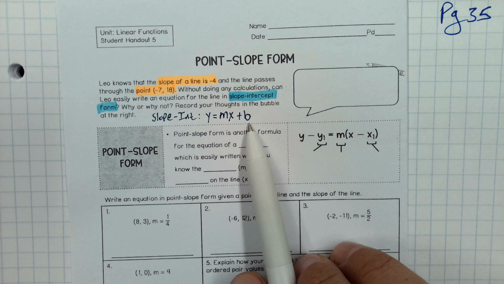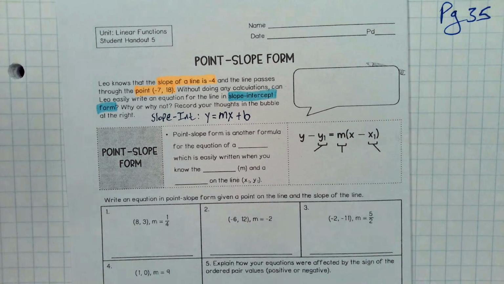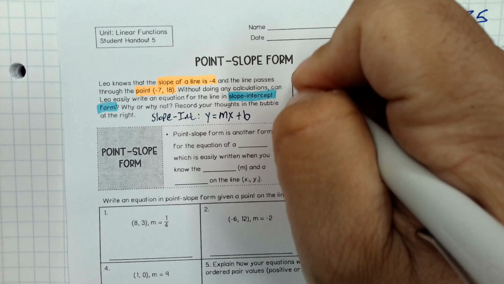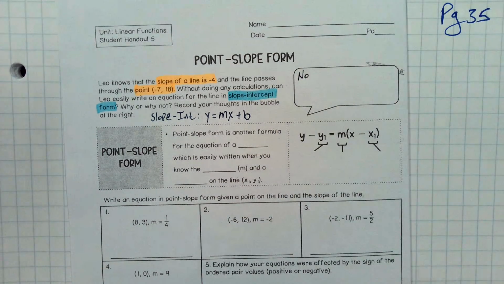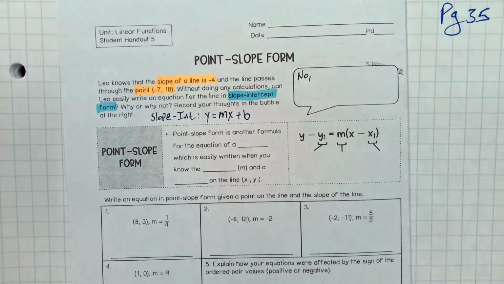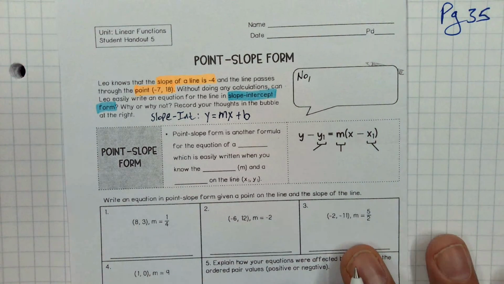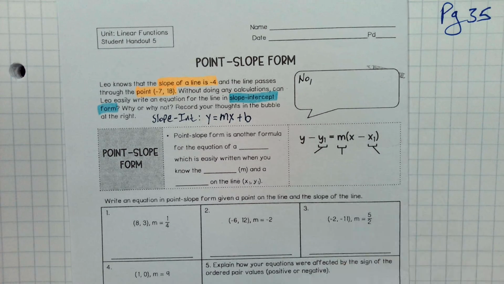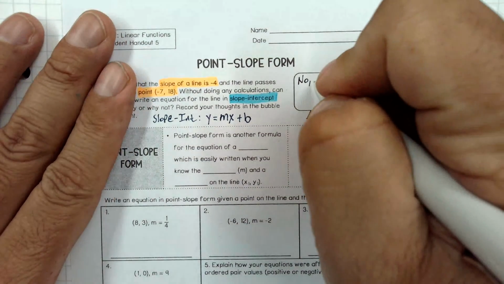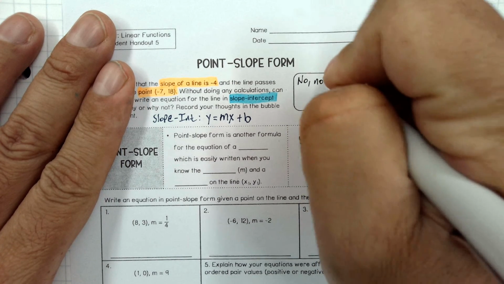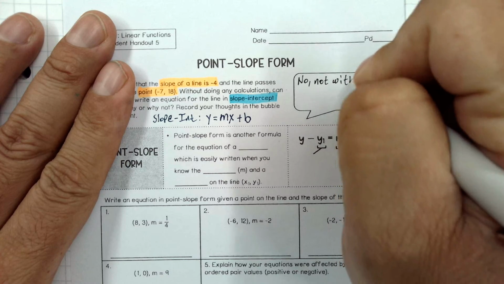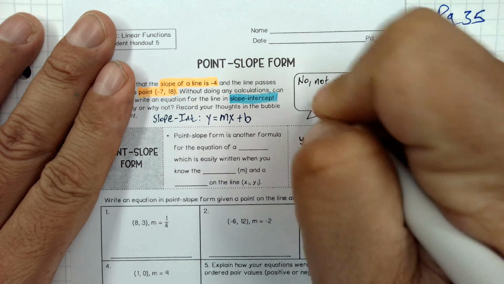He doesn't have that. So bottom line, can Leo answer the question with the information given? Can he write this equation in slope-intercept form? Yes or no? I would say no. Well, he can. Eventually, we will actually be able to do that. So we're going to say no, not right now, or how about not with the information given?